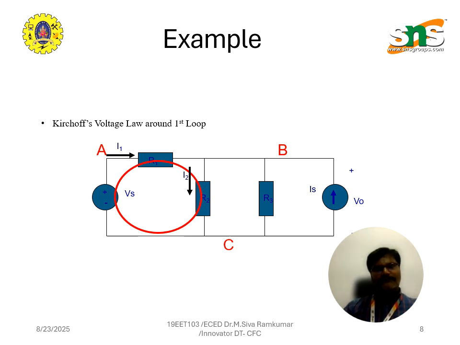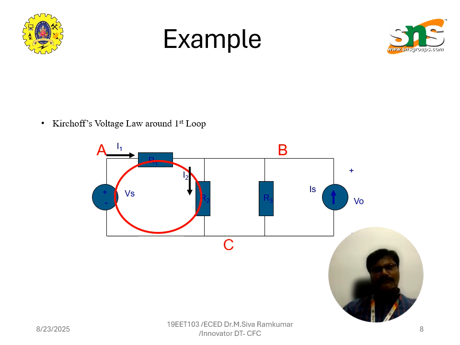Now let's apply KVL to one of the loops in the circuit. Here we start at node A and assign current directions. I1 flows through the resistance R1, and I2 flows through resistance R2. According to Ohm's law, the voltage drop across each resistor is given by V equals IR. Now moving around the red loop, we first rise by the voltage source Vs. Then we encounter a drop across R1, which is equal to I1 times R1.